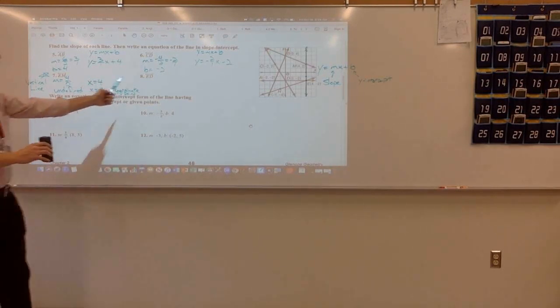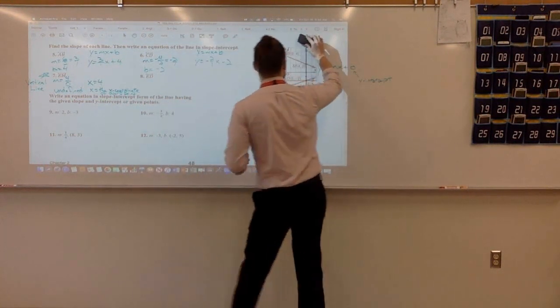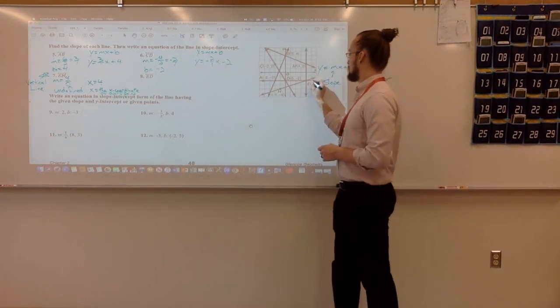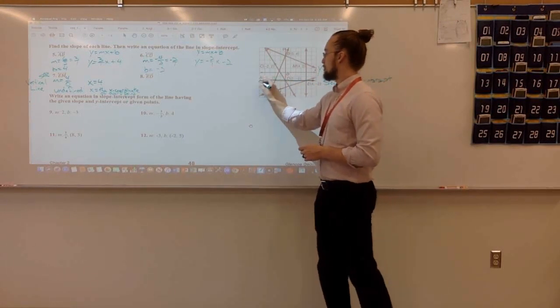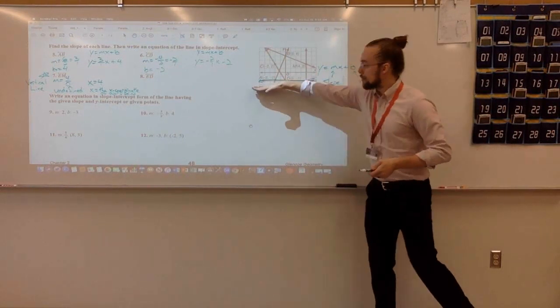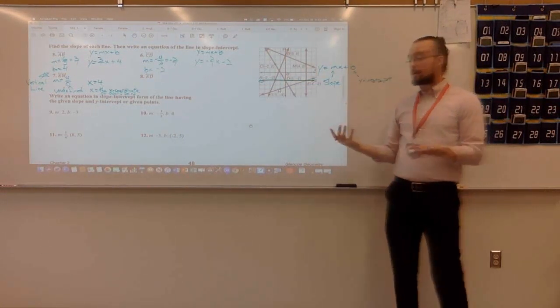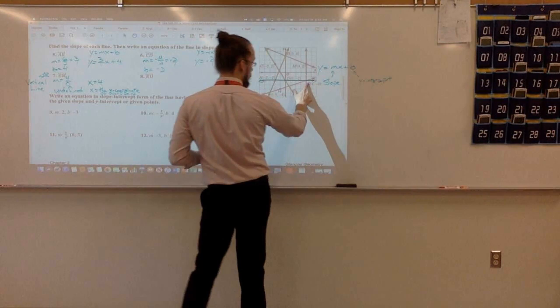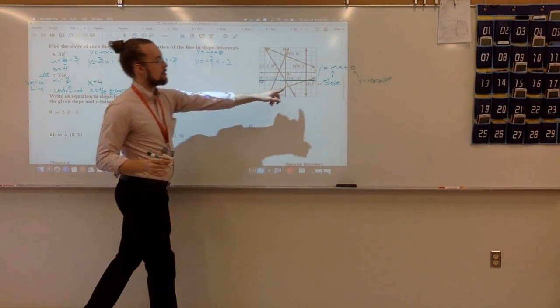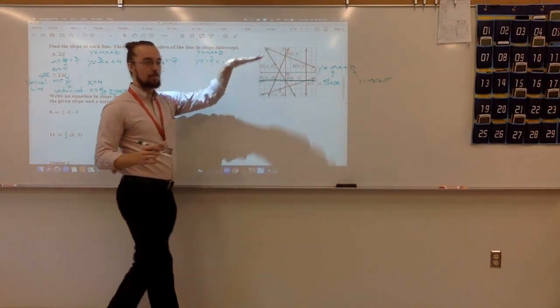So then in number 8, ED is our other possible special case. ED is a completely horizontal line. If we want to calculate the slope between E and D, my rise, to go from E to D, I'm not going up or down at all.